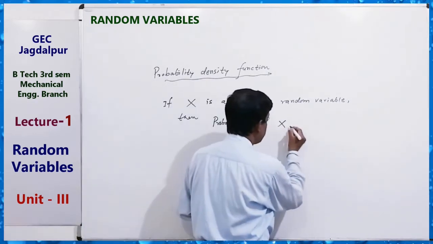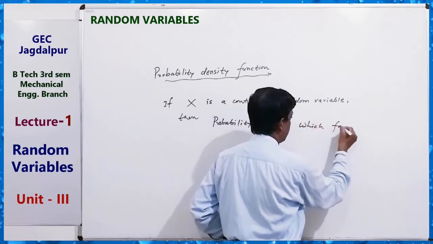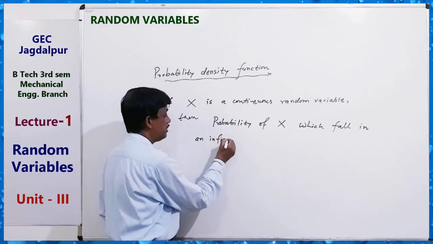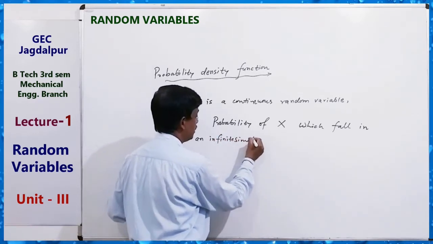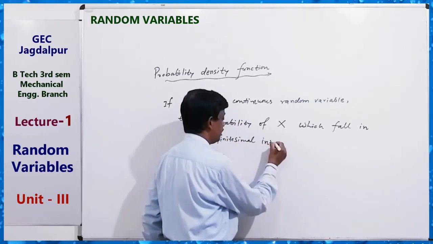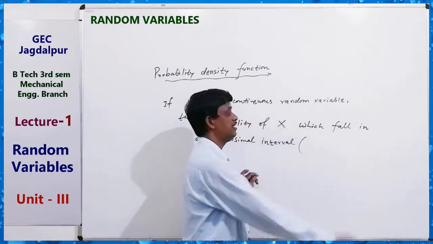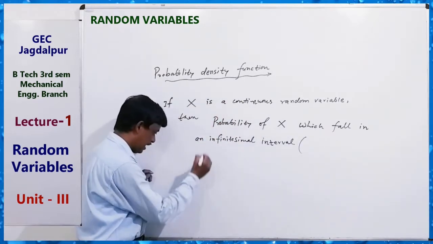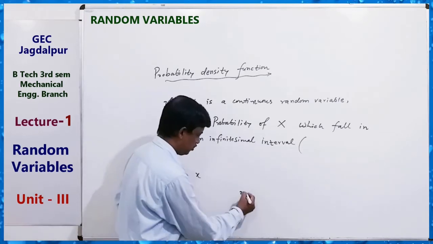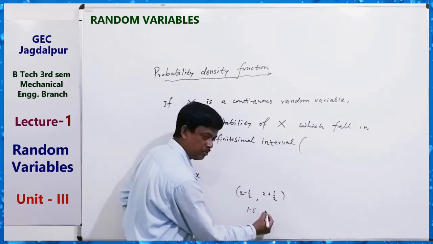The probability of x falling in an infinitesimally small interval: if the mid value is x, suppose for example 2, then 2 minus half and 2 plus half is an interval, 1.5 to 2.5.